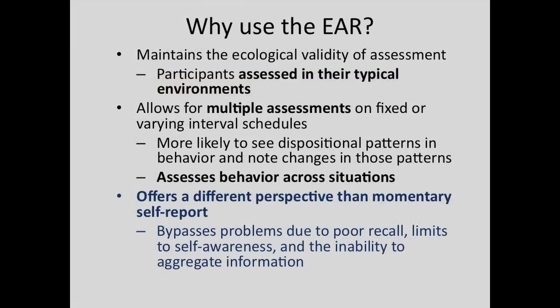So what this is doing for us is that it's a different perspective than momentary self-report, because this will bypass problems due to recollection bias, limits to self-awareness, and inability to aggregate information. It's passively given to us, and then we record or code the sounds.